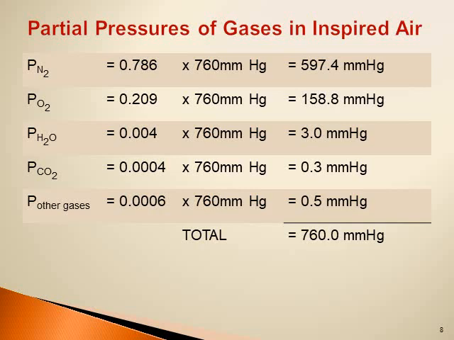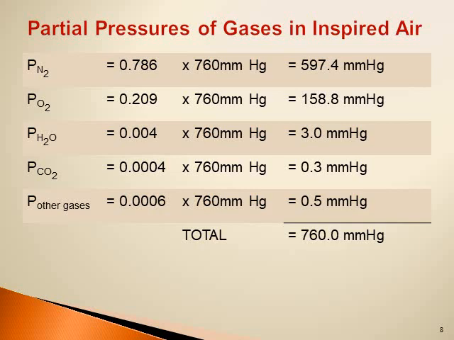Just to remember that according to Dalton's law, the partial pressures of gases in the inspired air, the partial pressure of nitrogen is 597.4 millimeter mercury.